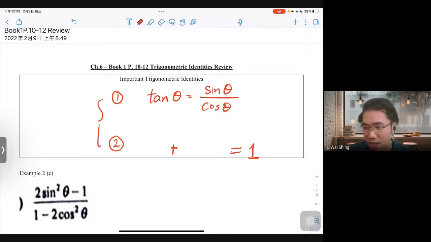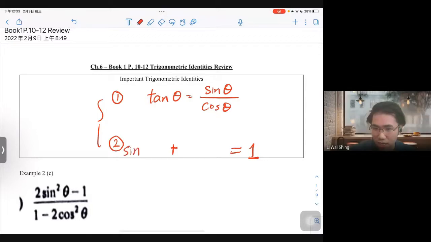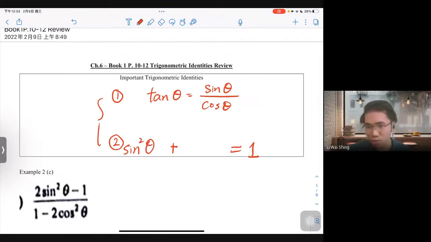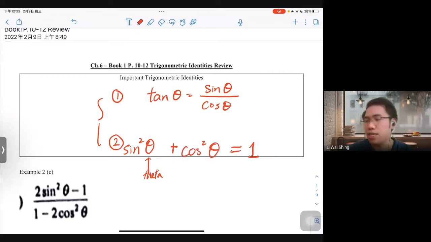Sine squared theta plus cosine squared theta. Yeah, equals to 1. Okay, very good.